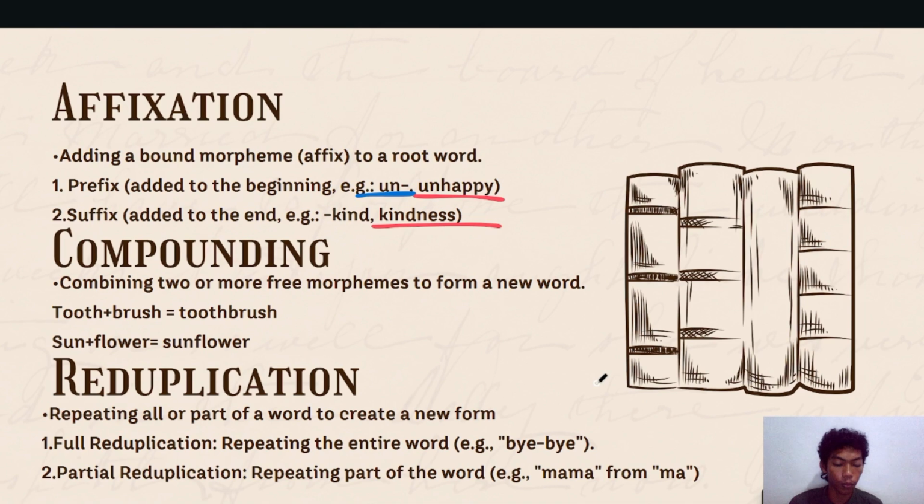Okay, next is compounding. This is when you combine two or more morphemes to create a new word and a new meaning. For example, tooth and brush are two different things, and if you combine them it's called compounding, and it becomes toothbrush. Or you combine sun and flower, it becomes sunflower. Okay, next is reduplication.